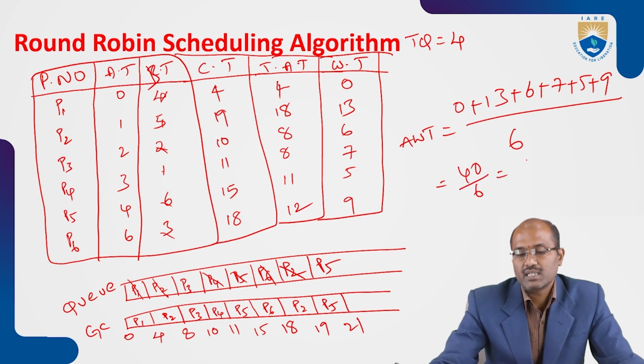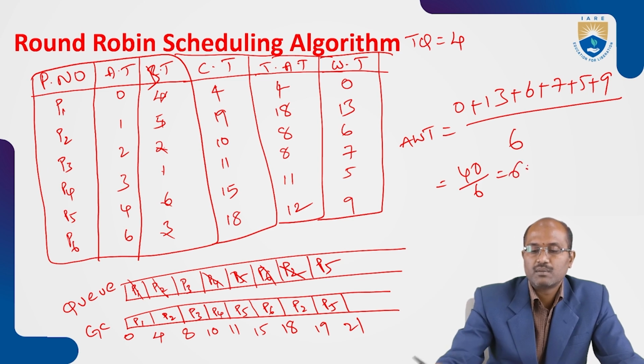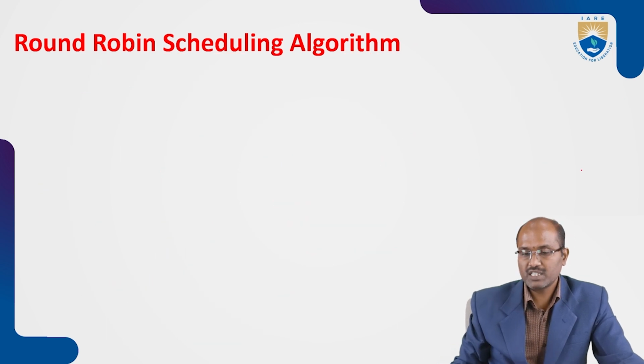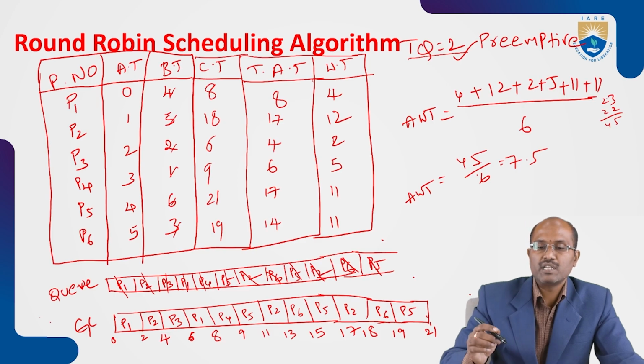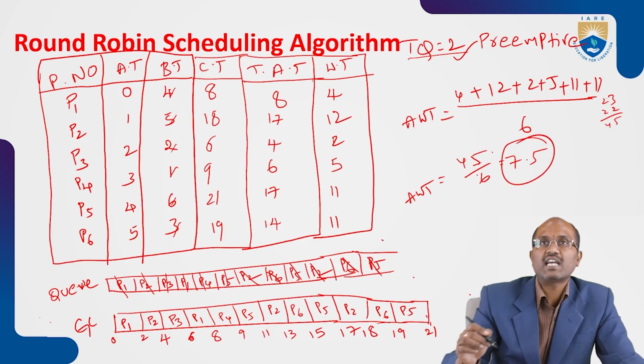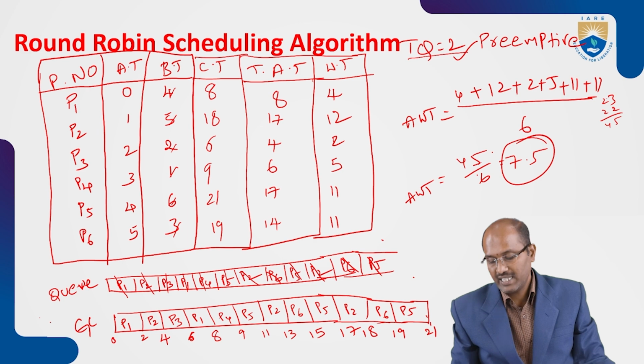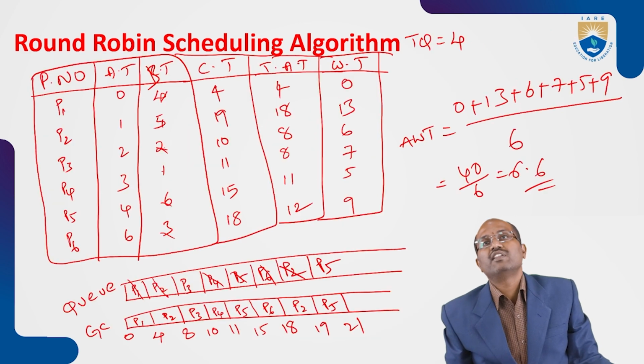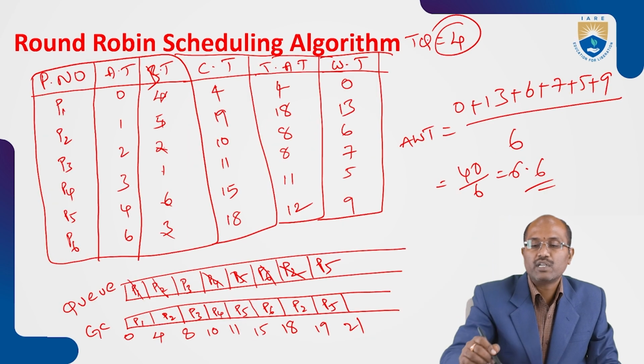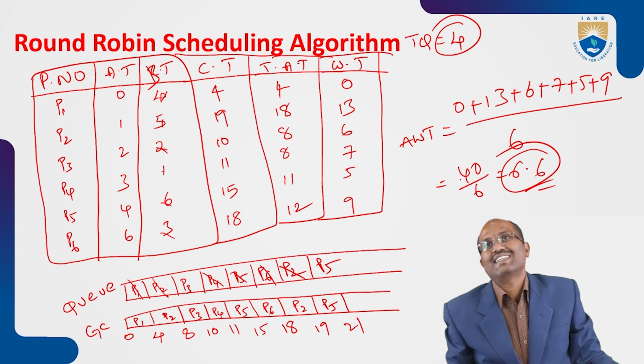So 40 by 6 is 6.6 something. In the previous problem, with time quantum 2, we got the average waiting time 7.5. The same problem executed with time quantum 4, we got the average waiting time 6.6.